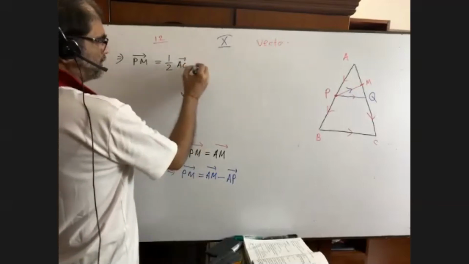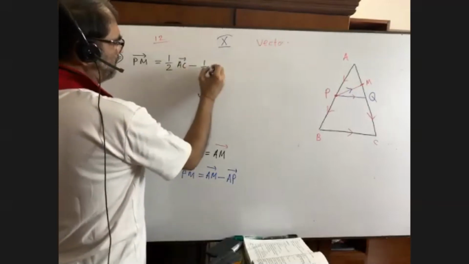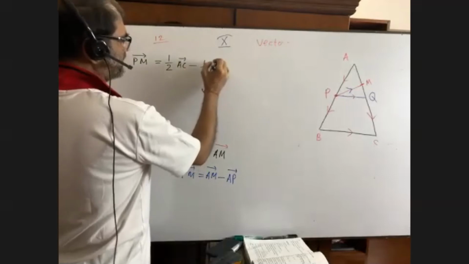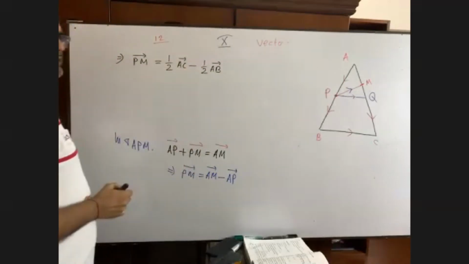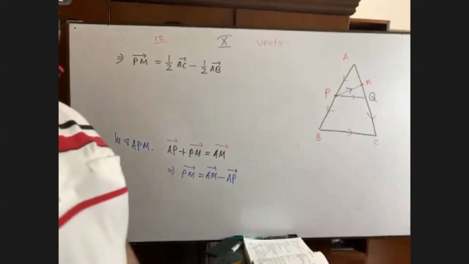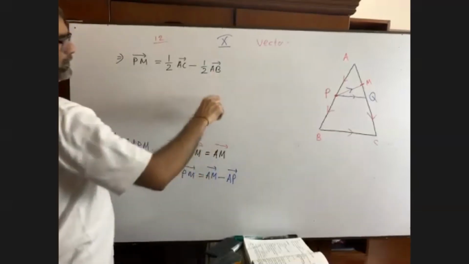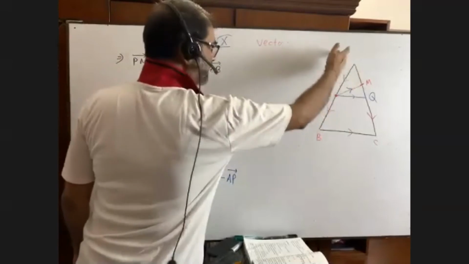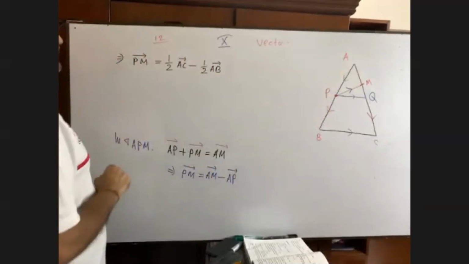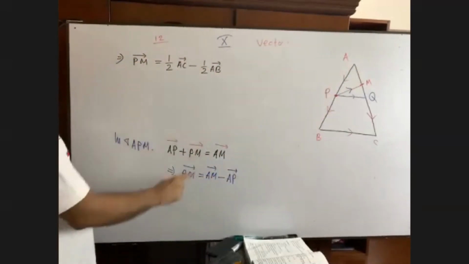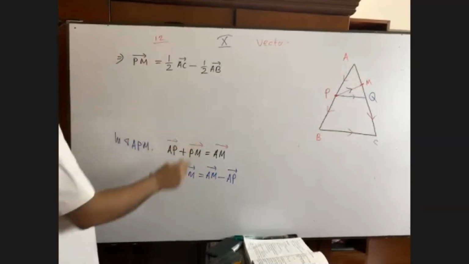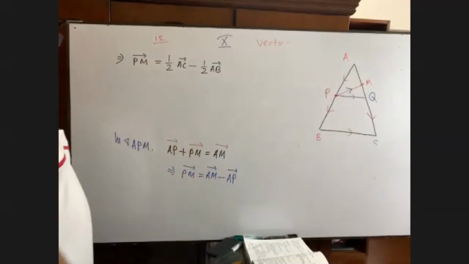AP equals to what? Half of AB. It is given in the question that P is the midpoint. So we can write that AP is half of AB. And AM is half of AC. I took M as the midpoint of AC.